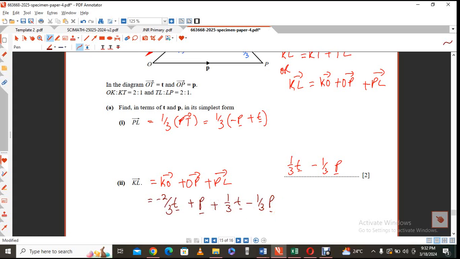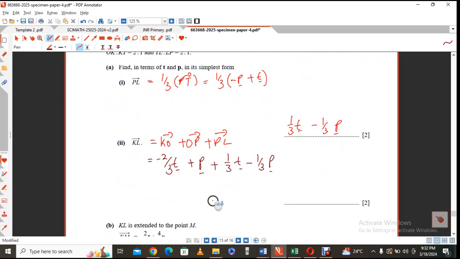Okay, so I'm going to clean that up so that I can find what my answer is, and go ahead and use your calculator if you want to.